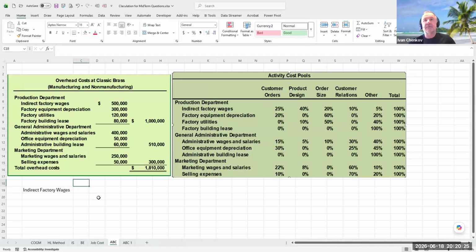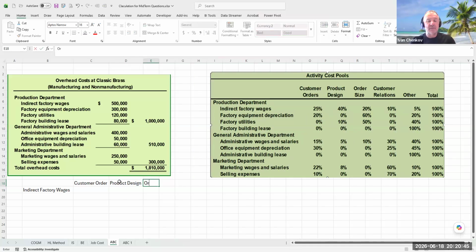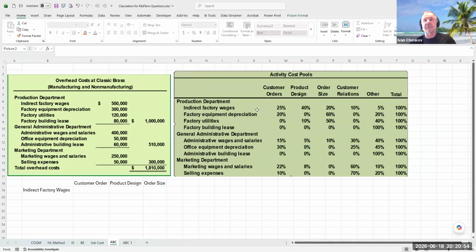The activities: the first activity is customer order, then product design, then order size, then customer relation, and the last activity is other. And then we have the total.